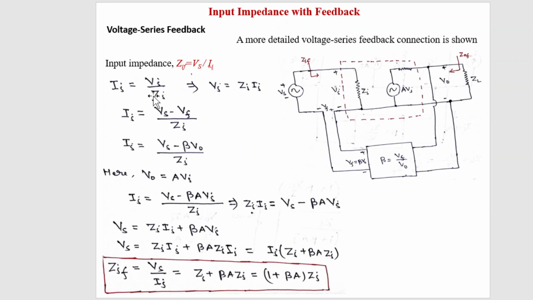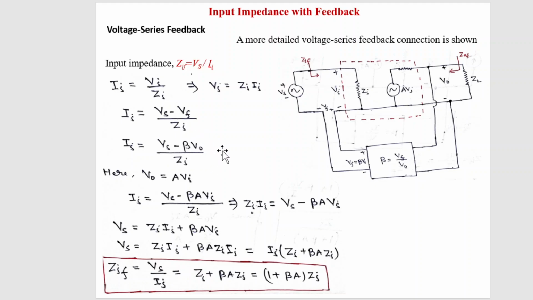So II equals Vi divided by Zi, which implies Vi equals Zi into II. Here Vi can be written as Vs minus Vf. So II is equal to Vs minus Vf divided by Zi. In place of Vf we can write beta into V naught. So Vs minus beta into V naught divided by Zi.